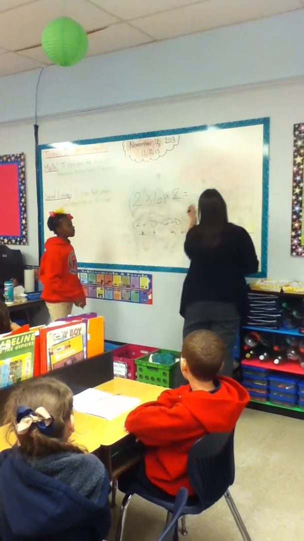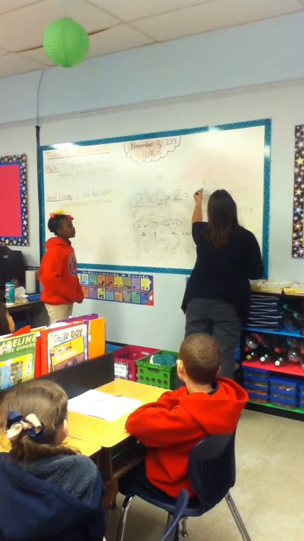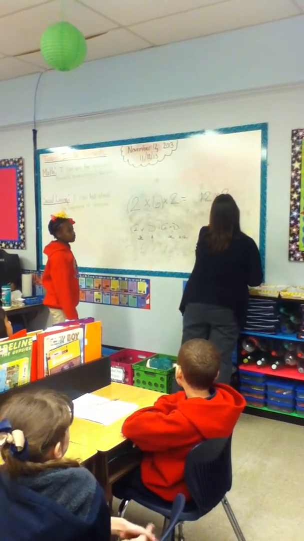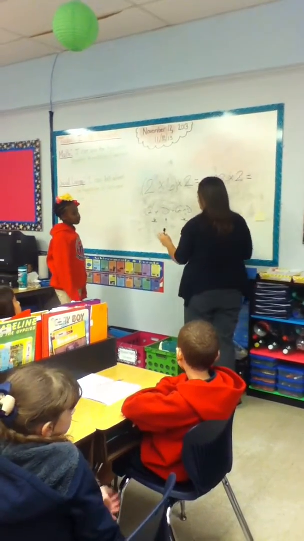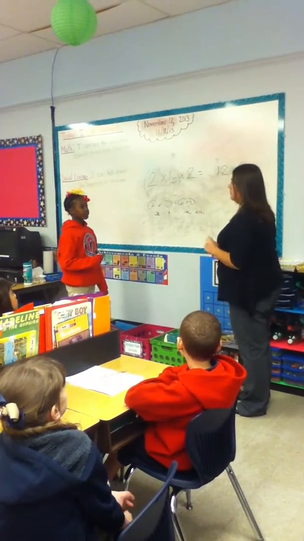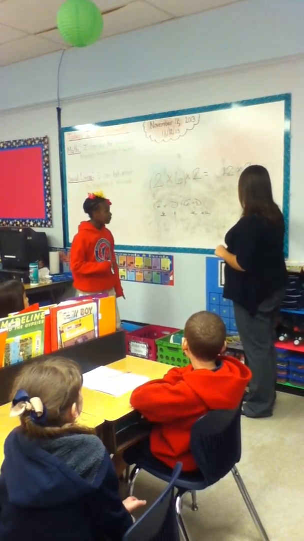Stay right there. So now we're going to do 12 times 2. Can we use the distributive property to break this up? Yes. Okay. Do it one more time for me.